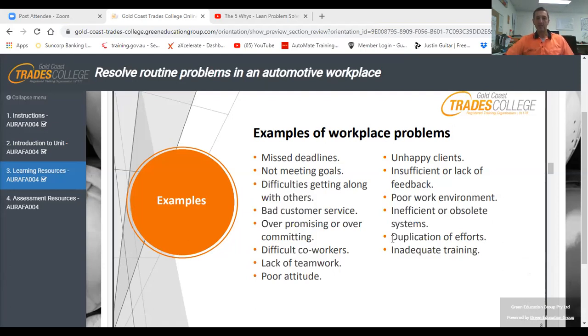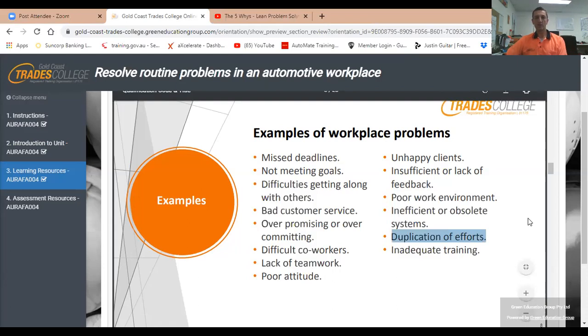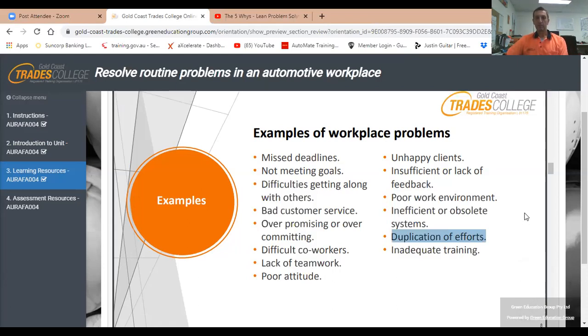Another one is duplication of efforts. Sometimes you might find yourself in a role where you're doing a particular job and somebody else might be doing the same job as well. So there's a duplication of efforts. And also one which we touched on before, inadequate training. So they are some examples of workplace problems.